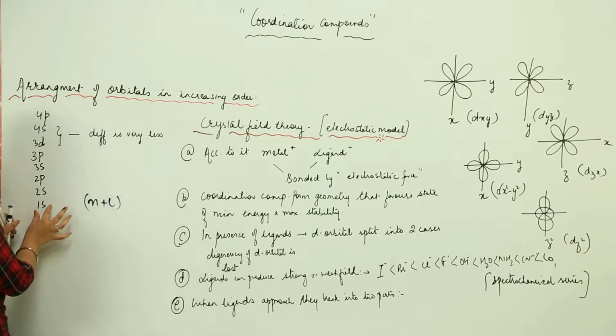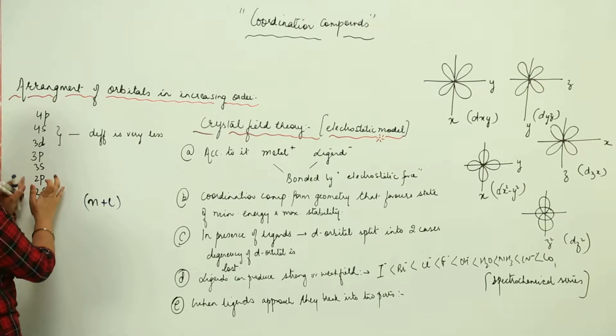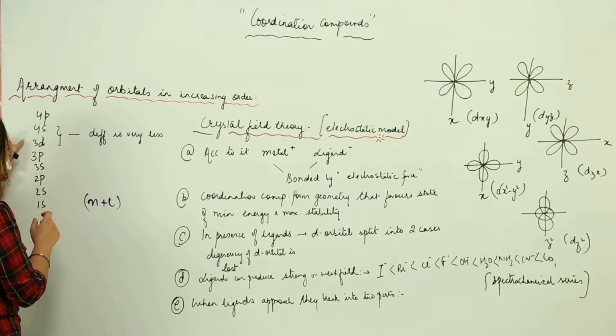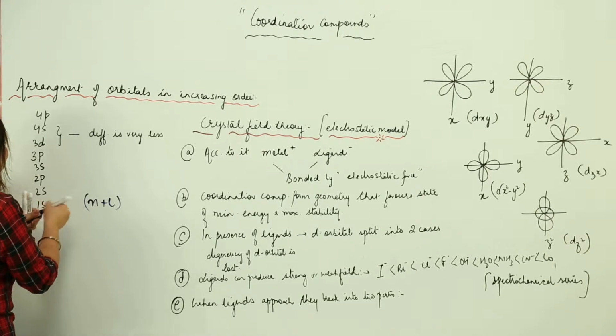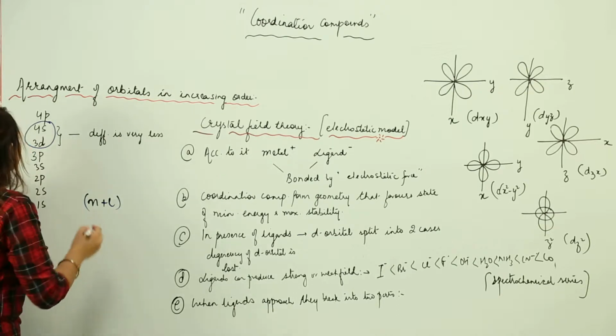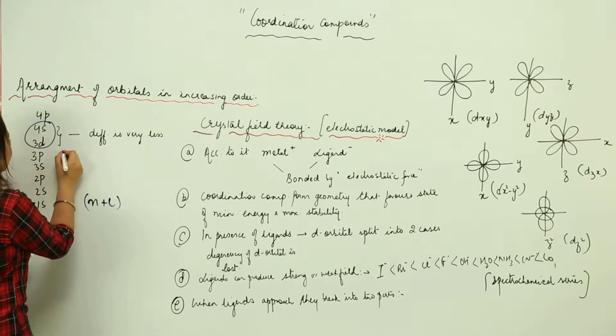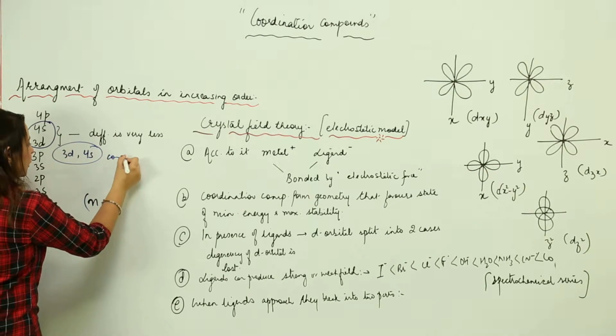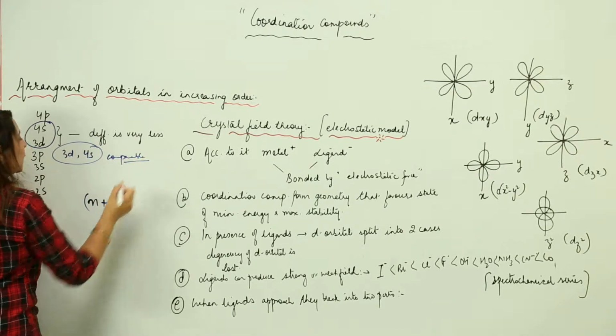That is, 1s has a smaller energy, 2s is greater than 1s, 2p is greater than 2s, 3s is greater than 2p, 3p is greater than 3s. But when we come across 3d and 4s, the energy of 3d and 4s is almost comparable.